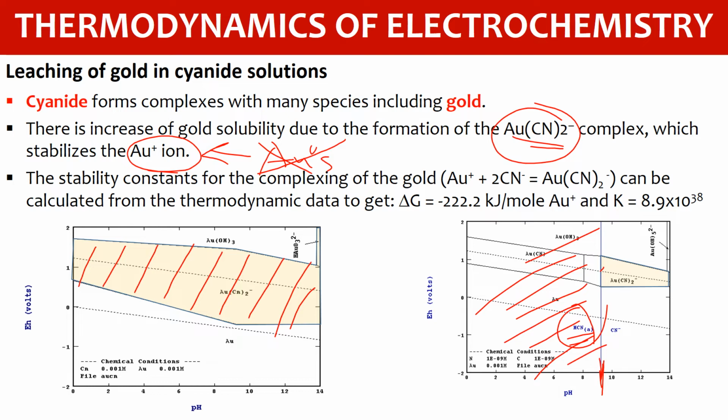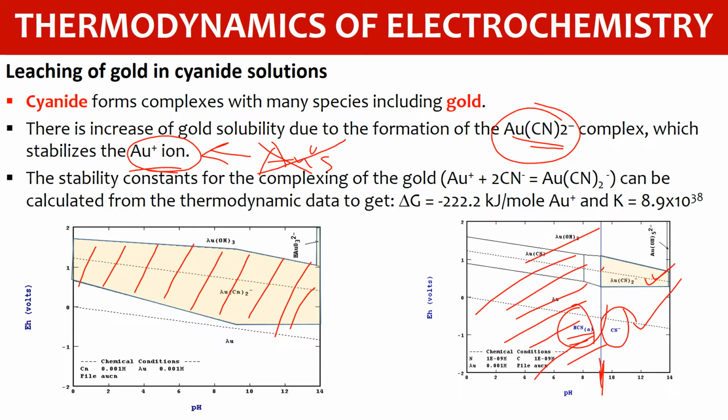So above this certain pH, you have your CN minus, which is what we want to stabilize the gold plus ion. This range is what you want.